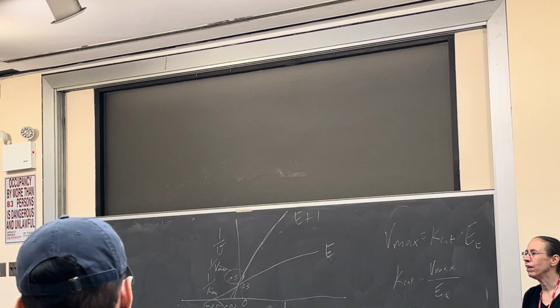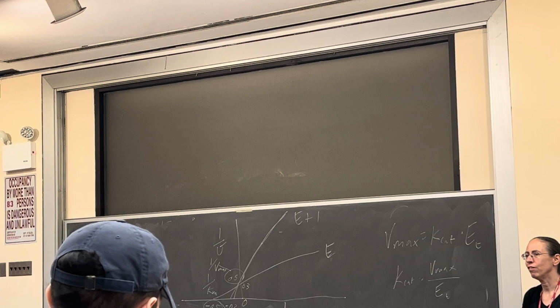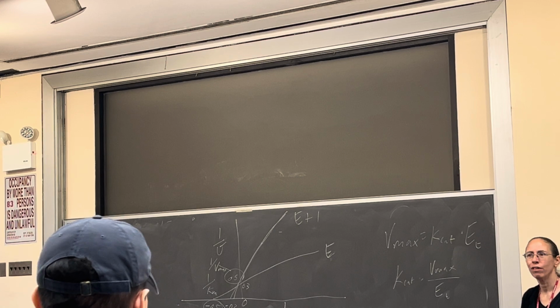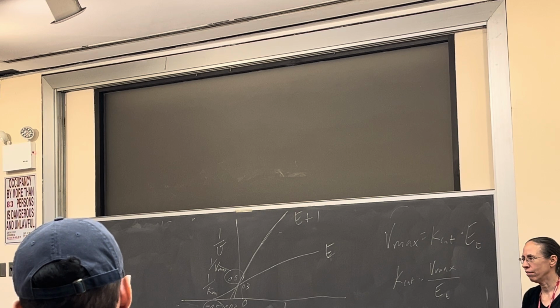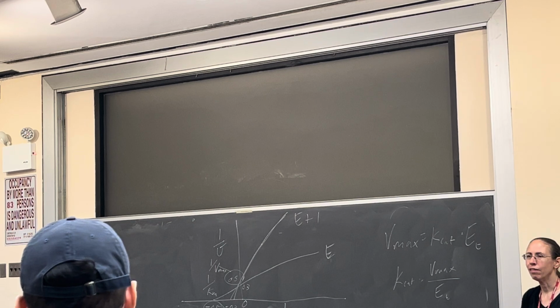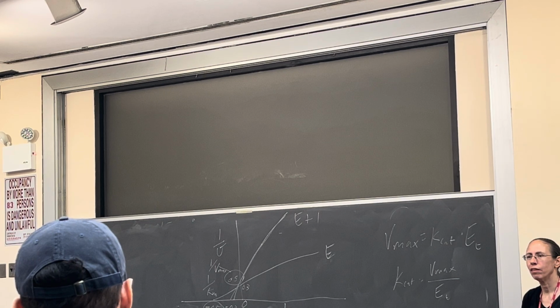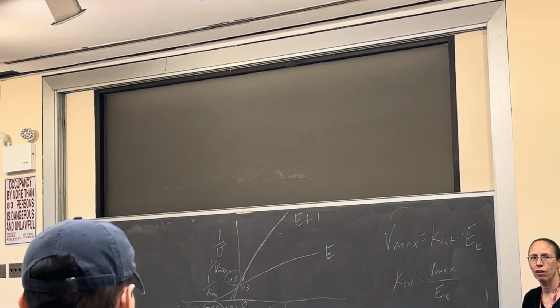Remember, if you continue to add substrate, you will eventually outcompete the inhibitor and reach the same maximum velocity. And this is a mixed inhibitor because it changed both the maximum velocity and the Michaelis-Menten constant.